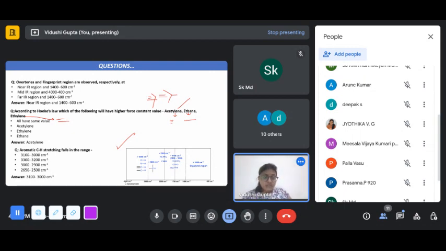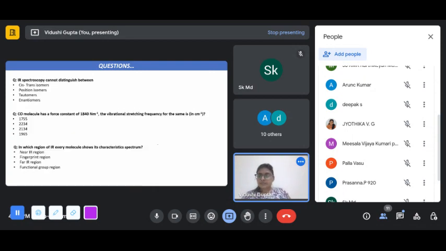And for OH, it will generally be greater than 2000, but it will vary depending on whether a molecule has intermolecular or intramolecular hydrogen bonding, so the values will be different.